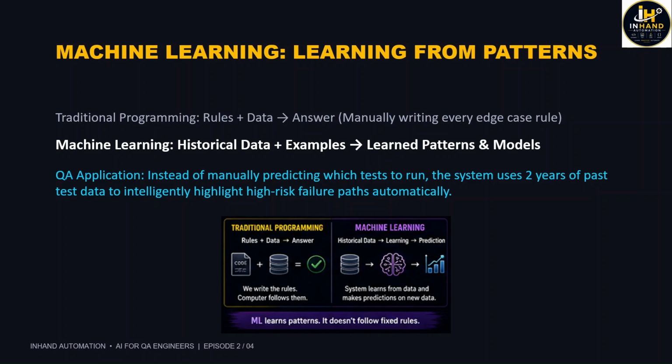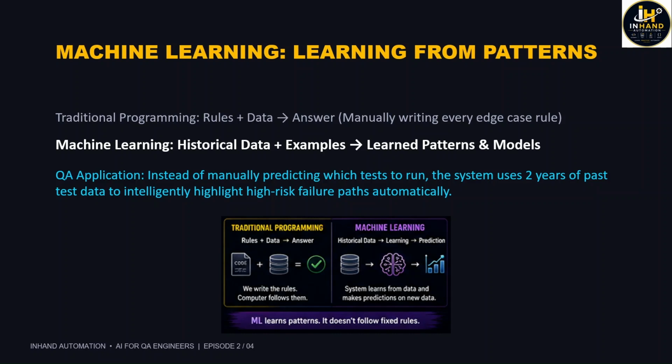Instead of Rahul manually writing rules like, if the payment module changes, run this test case, the system starts looking at the historical data and notices a particular pattern. For example, whenever the checkout module changes, these 25 or 30 test cases frequently fail.